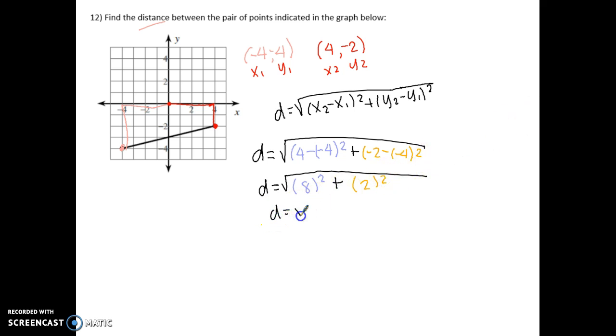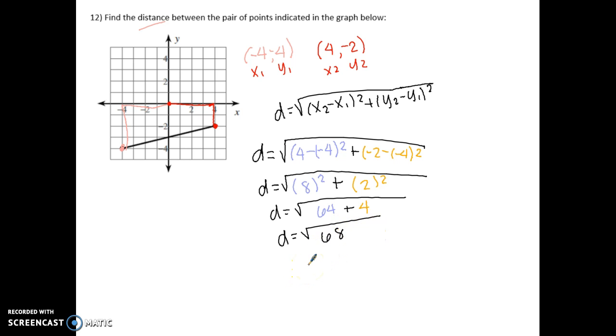We do d equals, again, everything in the parentheses first. So 8 squared gives us 64, plus 2 squared, which is 4. We do d is equal to the square root of 64 plus 4, which is 68.